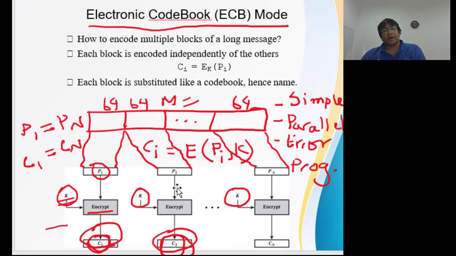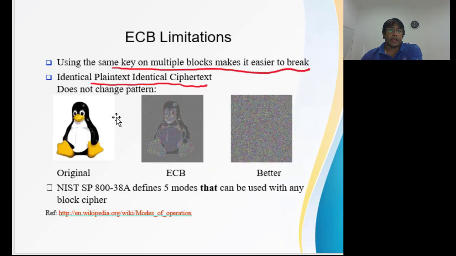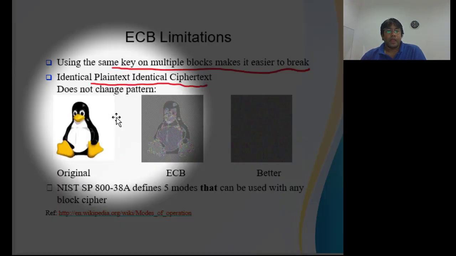So there are some similarities we can observe, and using those similarities by performing cryptanalysis, it is possible to break it. Again, if we have identical plain text producing identical ciphertext, this kind of thing can happen.